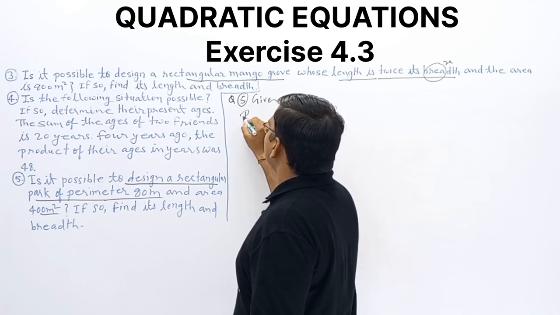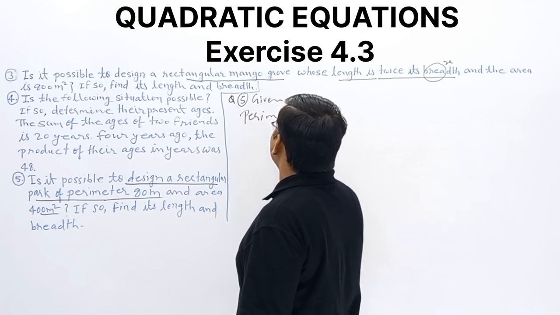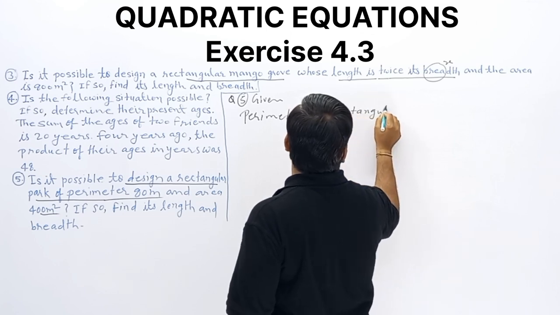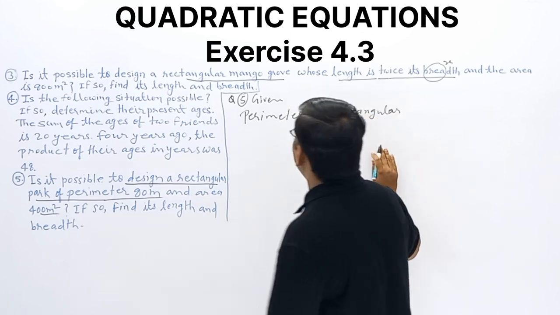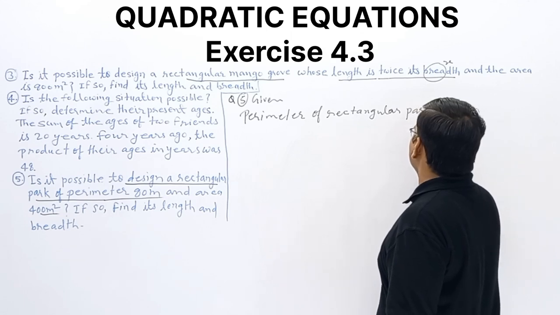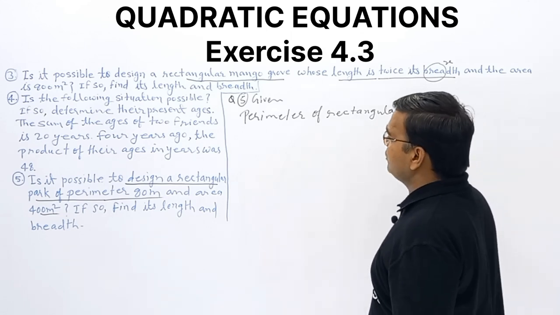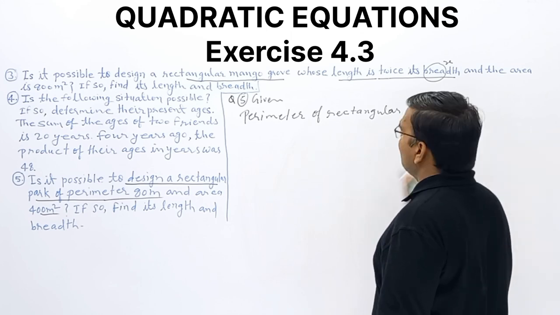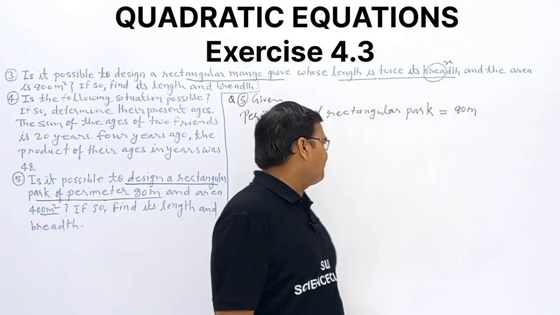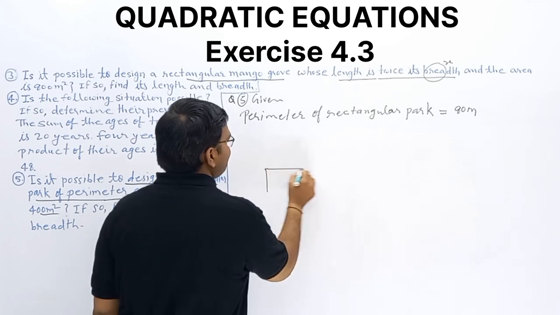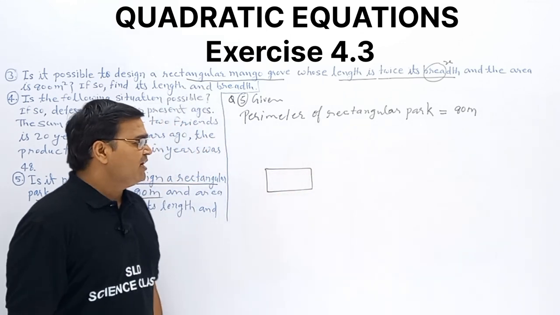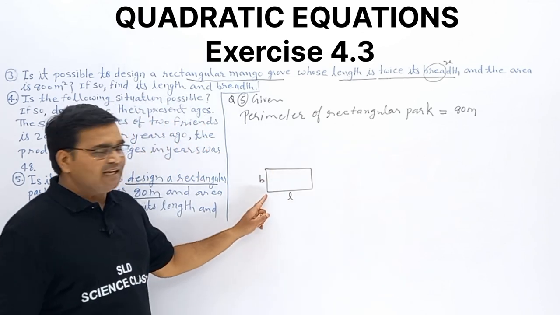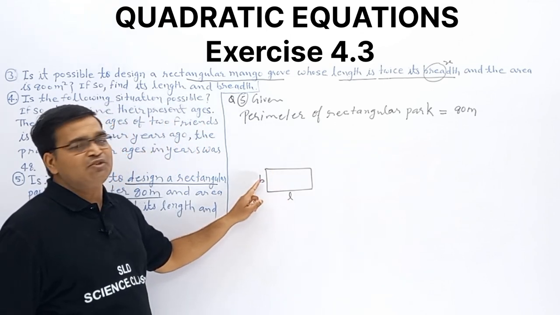Given: perimeter of rectangular park equal to what? 80 meter. What is the perimeter of rectangle? I am having this rectangle, its length is L and its breadth is B.